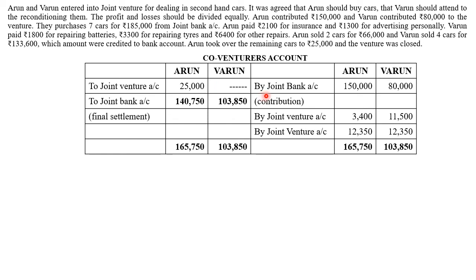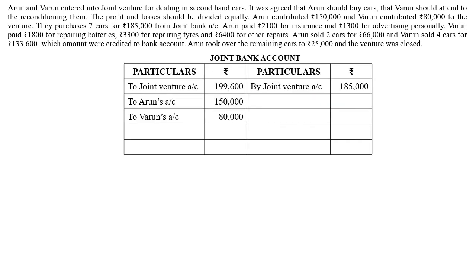Here it is by joint bank account, means it is to co-venturers. Instead of writing to co-venturers, you can write to Arun's account, because we have separate figures, right? So it is by joint bank, means it is to Arun's account 1,50,000, to Arun's account 80,000.